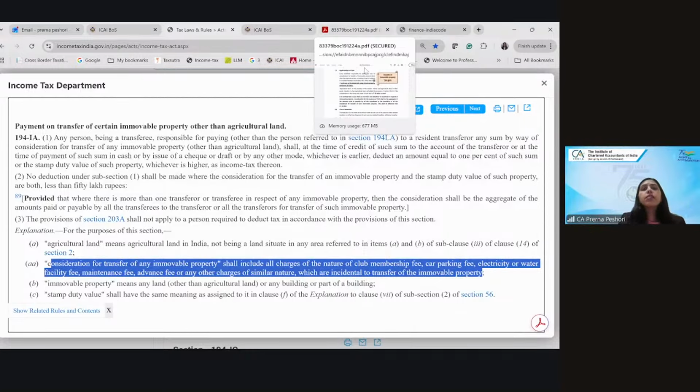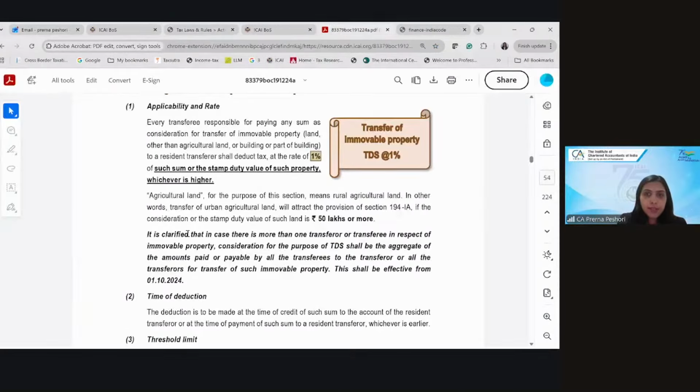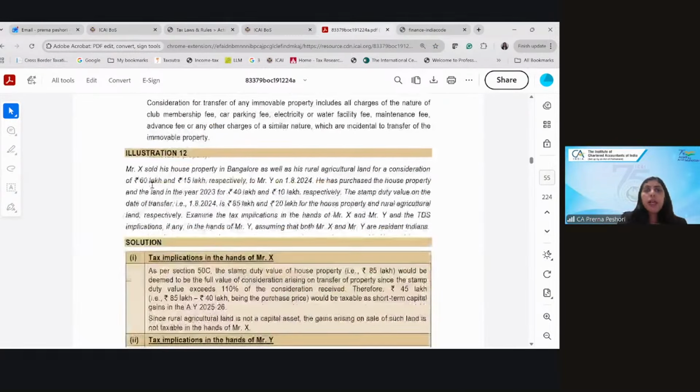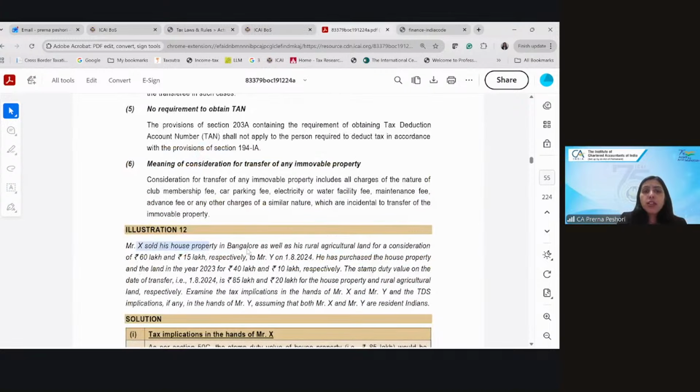So let us solve a question from the module here. Mr. X sold his house property in Bangalore as well as his rural agricultural land for a consideration of 60 lakh and 15 lakh respectively to Mr. Y on 1st August 2024.